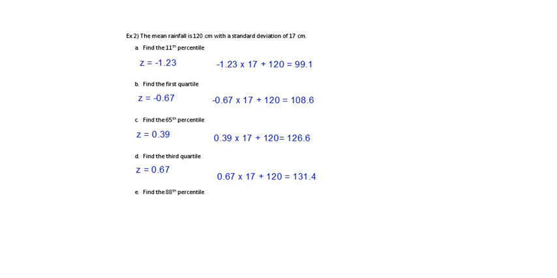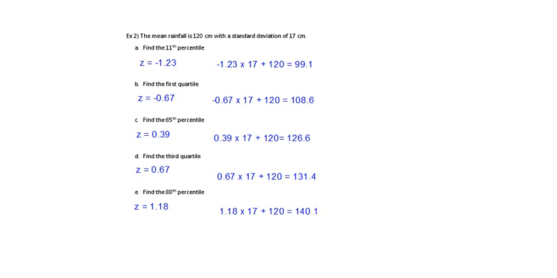And then the z-score for 88% is equal to 1.18. Once again, we're going to do 1.18 times 17 plus 120. And that is equal to 140.1.